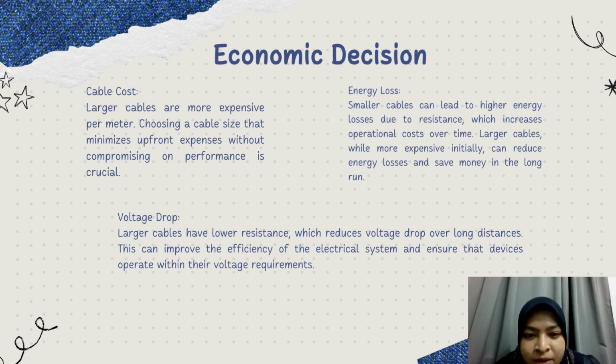Larger cables, while more expensive initially, can reduce energy losses and save money in the long run. For voltage drop, larger cables have lower resistance, which reduces voltage drop over long distances. This can improve the efficiency of the electrical system and ensure that devices operate within their voltage requirements.